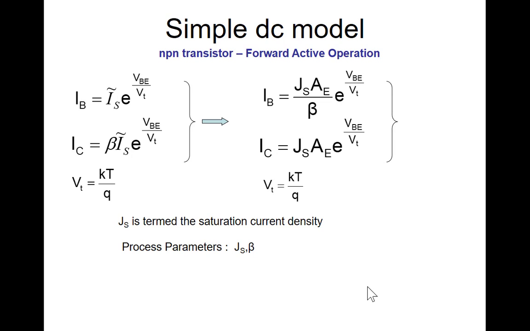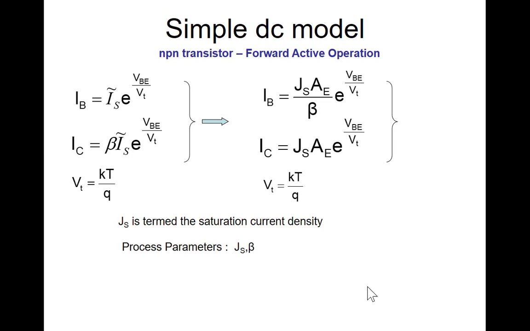There are two process parameters that we have now, JS and beta. For the MOS process, what do we have for process parameters? What were the process parameters there? Mu, Cox, and VTH, right?